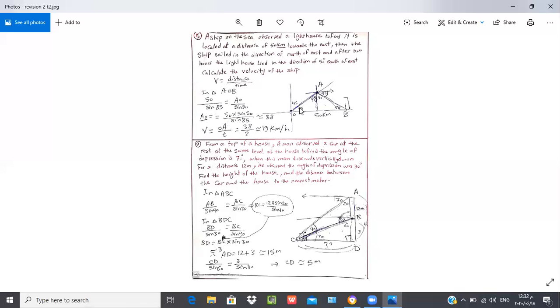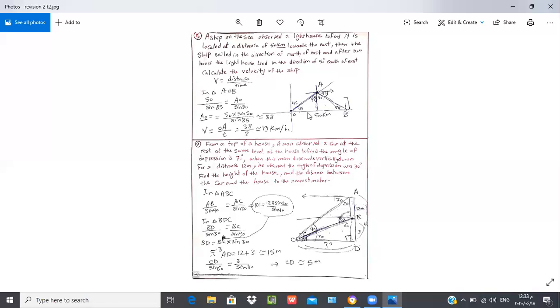Here he said that a young man starts to look at a lighthouse. This lighthouse is in the east. And he finds the distance between him and the lighthouse is 50 kilometers. Is it clear? After this, he moved in the direction north of east.